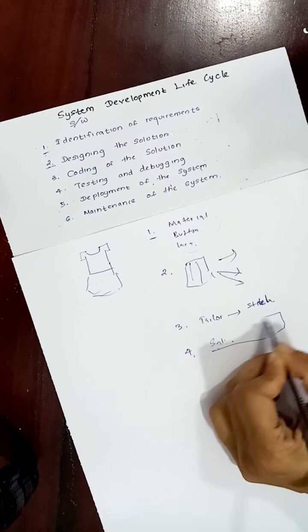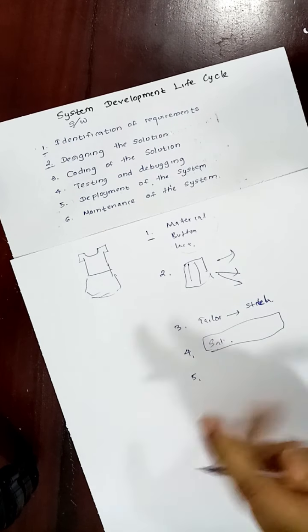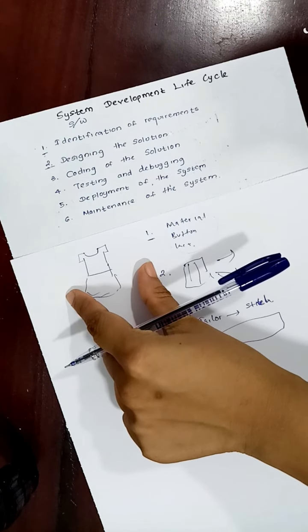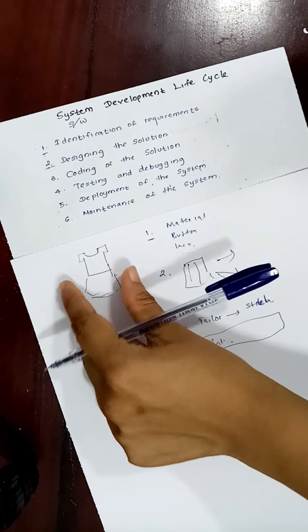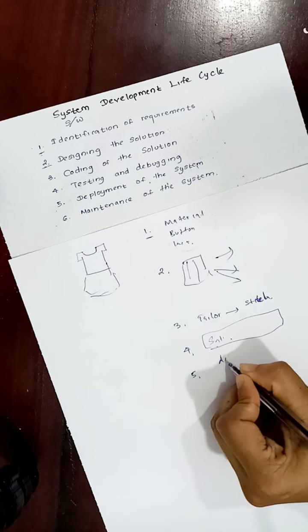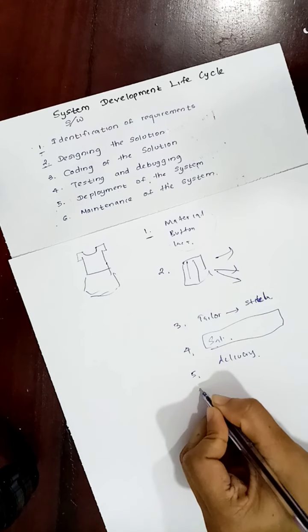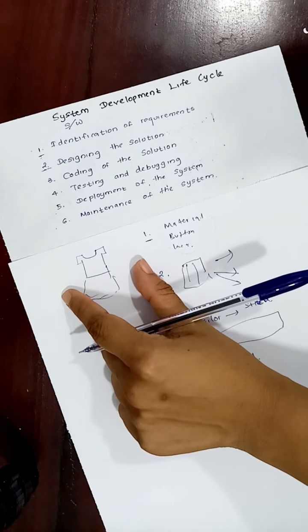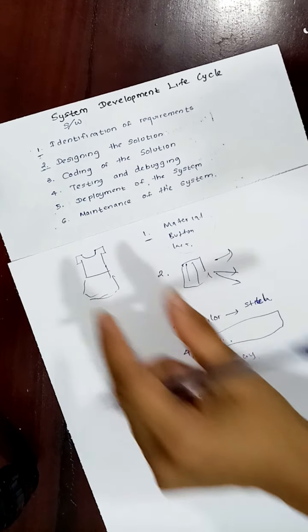In the real world, if you wear the dress and see that it is okay, then the tailor will deliver the dress to you. That is the fifth step. The final one: he or she has delivered the dress to you and now you are coming home.